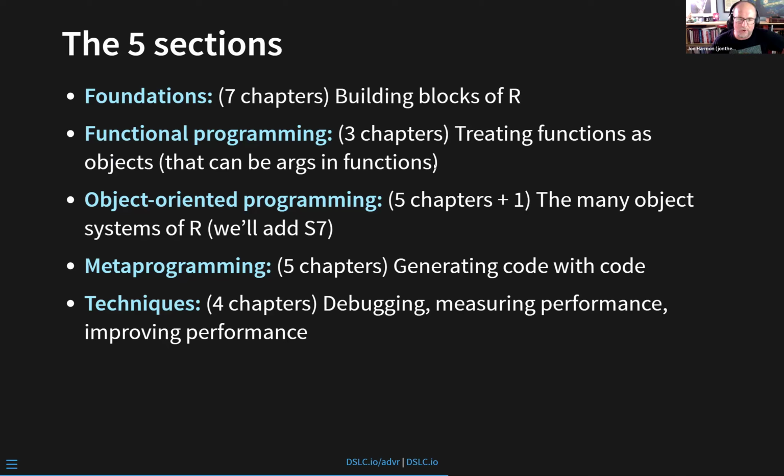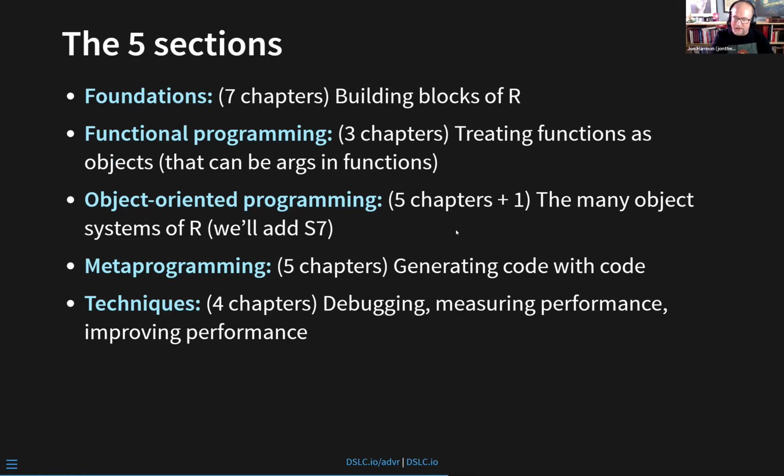Next section, object-oriented programming. So there are 5 chapters, but we're actually going to add a 6th chapter. The 5 chapters are about just the basics of object-oriented programming and classes and that kind of thing. And then R has S3 and S4, as well as R6.